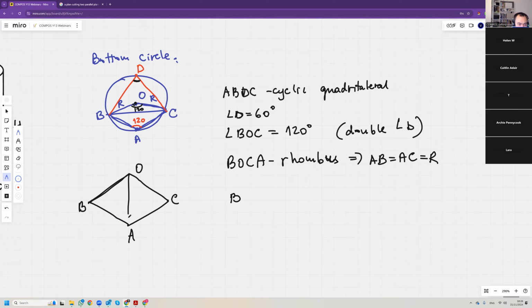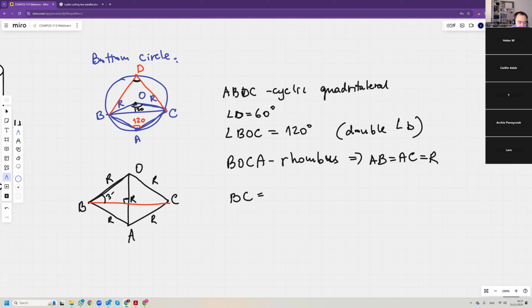We can say, well, this is two equilateral triangles, because this is R, this is R, this is R, this is R, this is R. So to find BC, well, we can use, of course, the cosine rule, but why would you use cosine rule if you can use just normal trig?